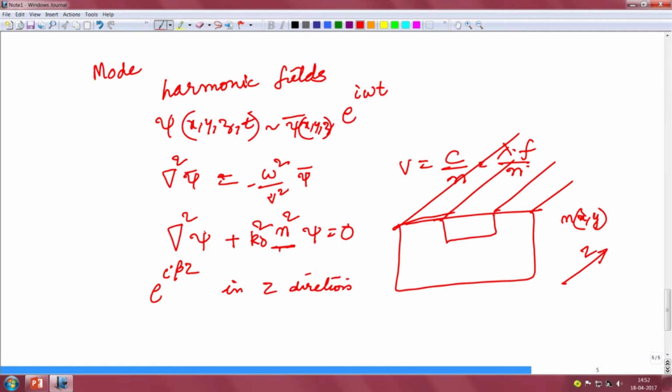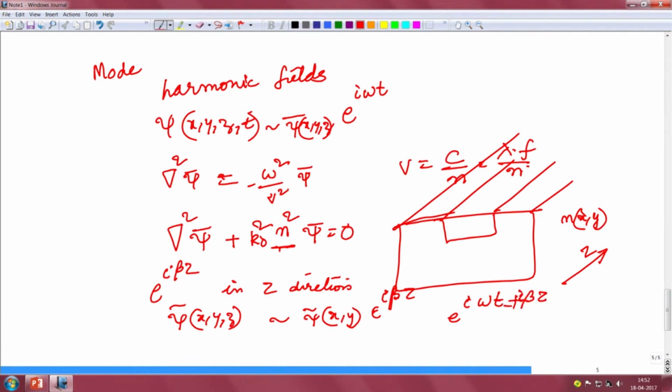So, I can replace once again this psi in terms of psi tilde x comma y into e power i beta z. So, we can define a mode as a component which varies as e power i omega t plus or minus beta z.